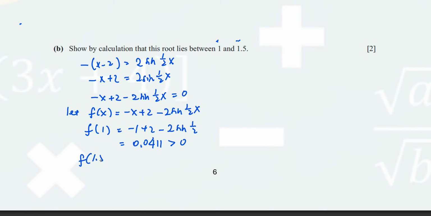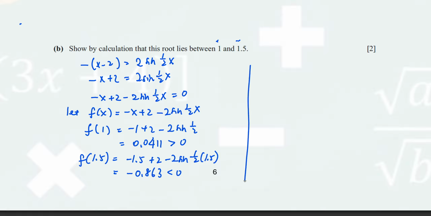So the other one, f(1.5), is going to be negative 1.5 plus 2 minus 2 sine half times 1.5. Then this is going to be negative 0.863 and less than 0. So from here, you will just write: since f(1) is greater than 0 and f(1.5) is less than 0, there is a sign change.